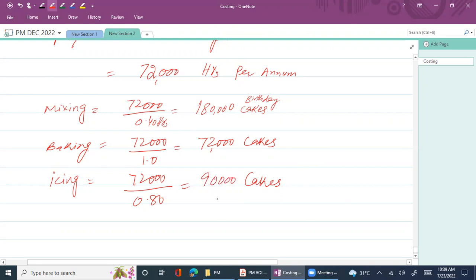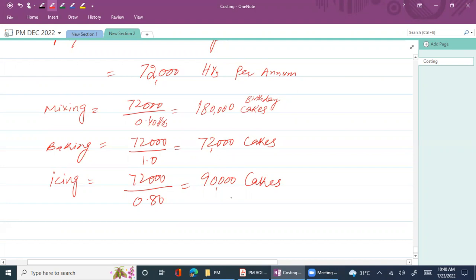90,000. Now, if you take the sequence, 180,000 cakes' material will be transferred to baking, but baking will only be able to bake 72,000. So 72,000 is the lowest production capacity among these 3 departments, because the next department has more capacity.